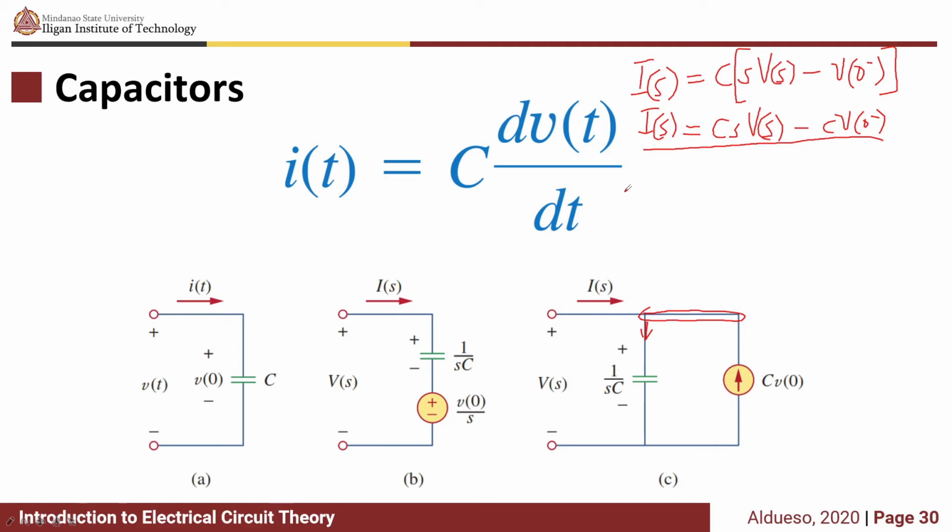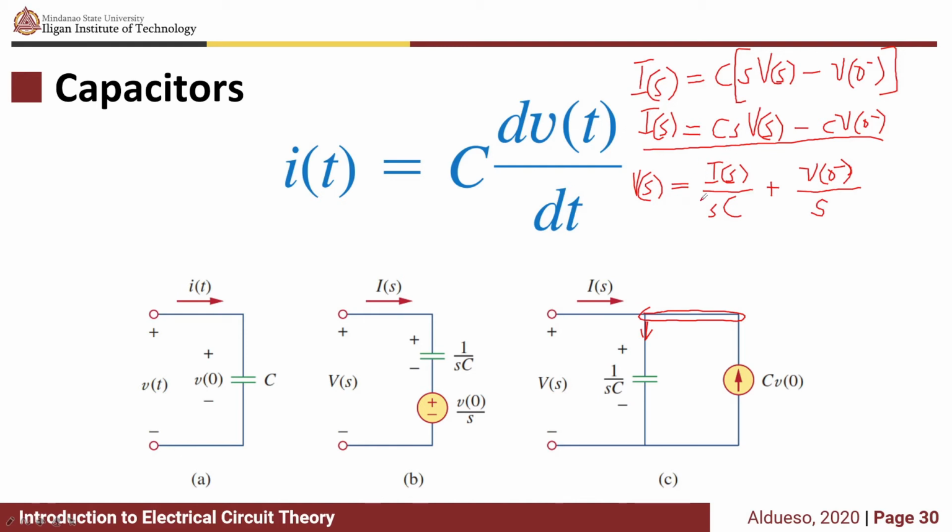Or we can express this in terms of the voltage across the capacitor, which is equivalent to I(s) over sC plus v(0-) over s.